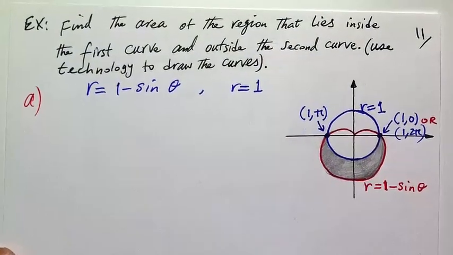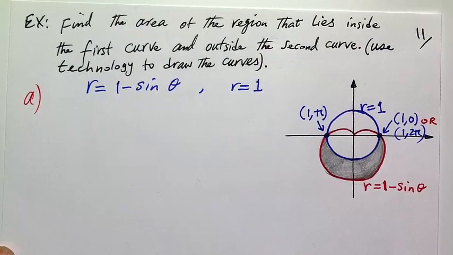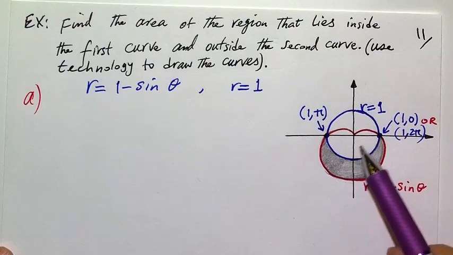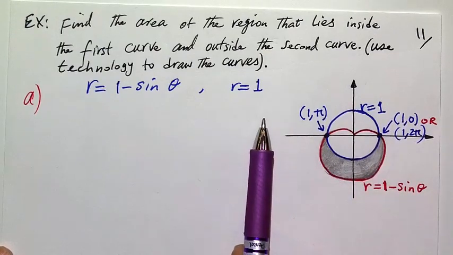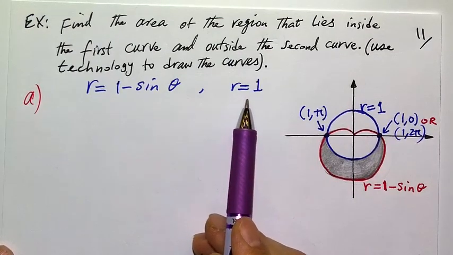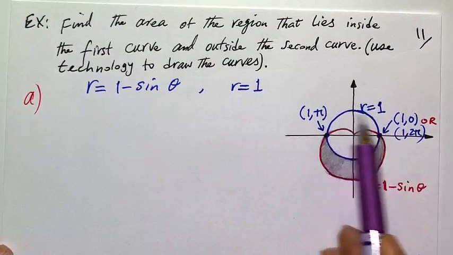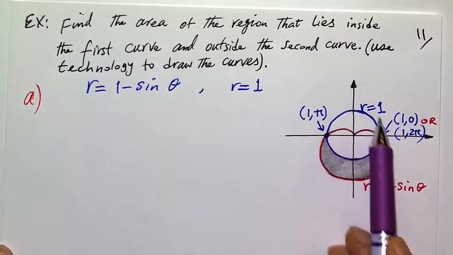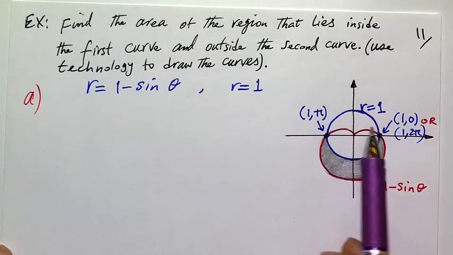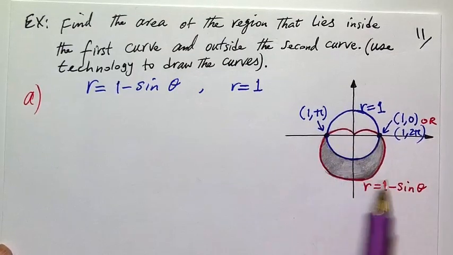So here's one. The graph here was not given. I got this graph using desmos.com/calculator. So r equals 1 is simply a circle of radius 1. That's all. So that's the circle with the blue boundary that you see. The other curve, the cardioid, is this one.